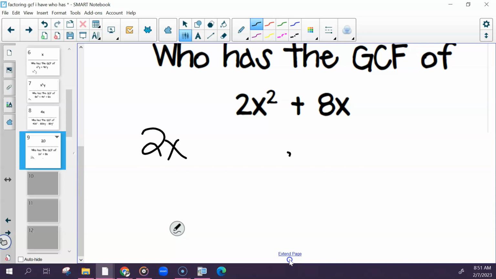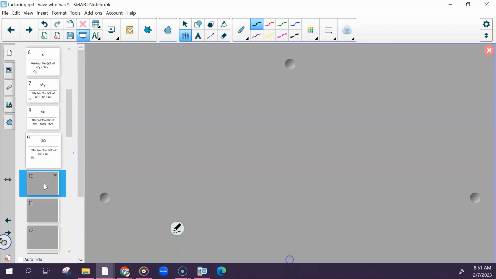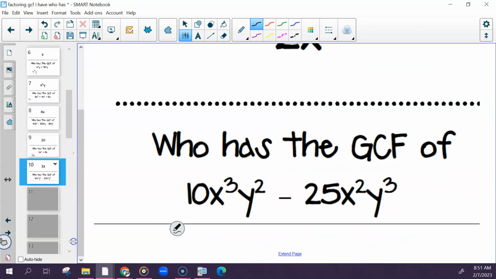It could also be me. It is definitely me. My bad. Alright, so 2x. Who has the GCF of 10x cubed y squared minus 25x squared y to the third?